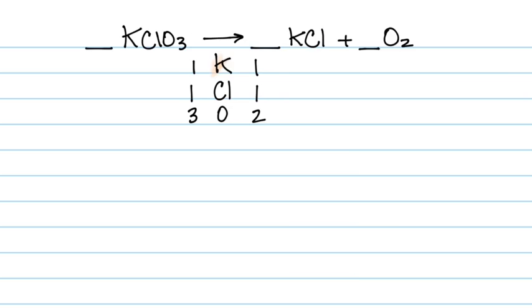Oxygen's out of balance. On the right side, I would normally say, just bump up your coefficient of 1 to a 2. And again, the coefficient is going to be right over here. But I know that with what we have going on each side, I can go straight to 3. So for oxygen, 3 times 2 is 6. And on the right side, I need to bump up oxygen there. I'm going to put a 2. So that changes oxygen to 6.